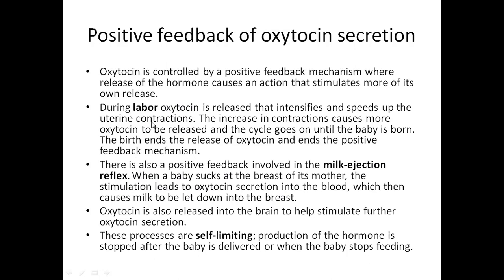Whenever the gestation period completes and the baby is getting ready to be delivered, uterine contractions occur in the uterine smooth muscles. These contractions stimulate the hypothalamus and the pituitary gland to release oxytocin. The oxytocin acts on the uterine muscles again, bringing about more and more contractions.